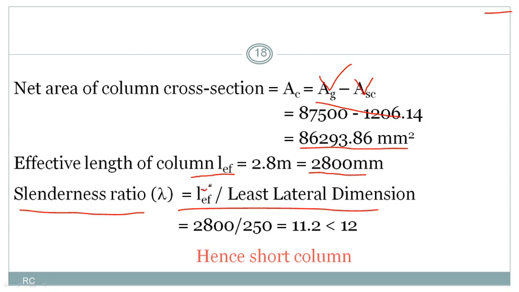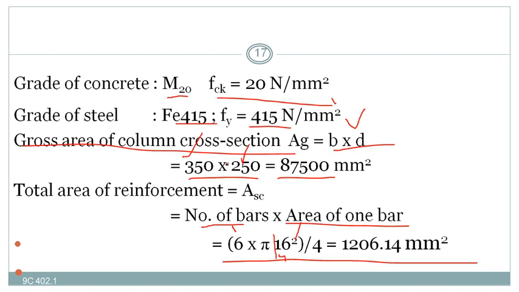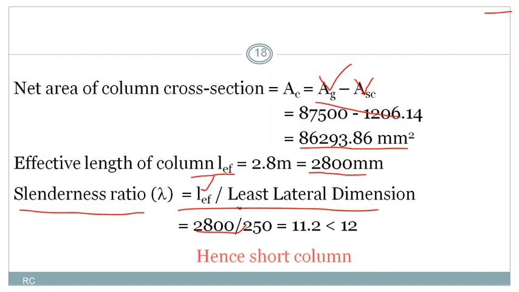The effective length is 2800, and the least lateral dimension between B and D is D, that is 250. Substituting, we get 11.2, which is less than 12. So according to the code, if L effective by least lateral dimension is less than 12, we can categorize it as a short column.